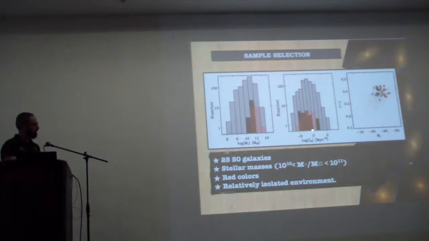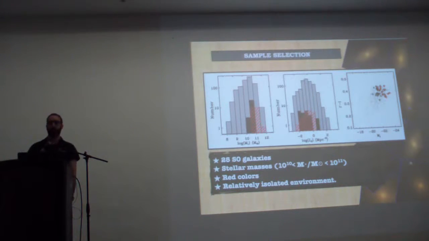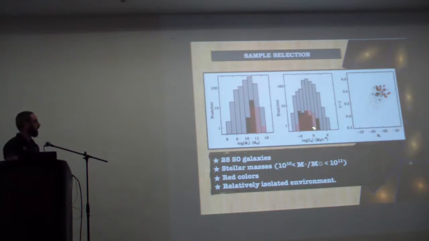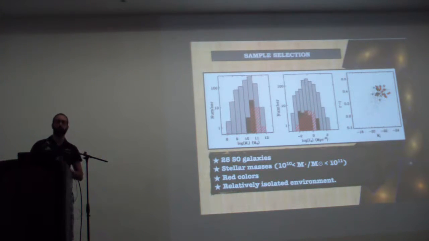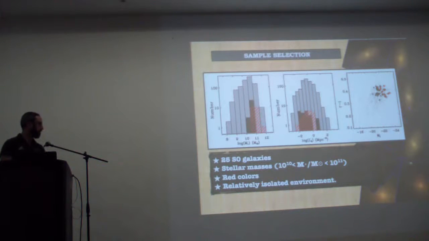It's representative also of galaxies in low density environments, so galaxies mainly located in the field. And the color of our sample of lenticular galaxies is similar to that of the ellipticals, and they lie on the red sequence of the color magnitude diagram. So keep this in mind because this will be important by the end of the talk when I will try to make the overall picture of these systems.